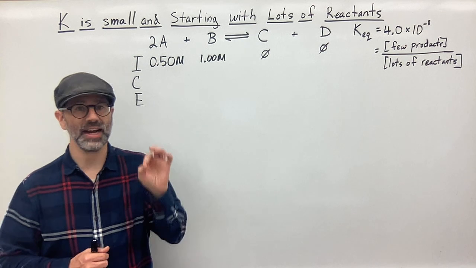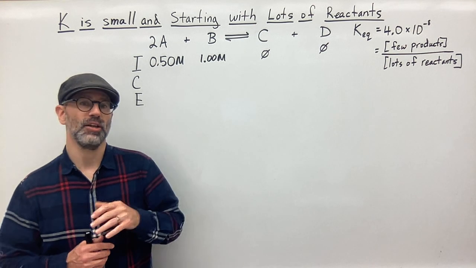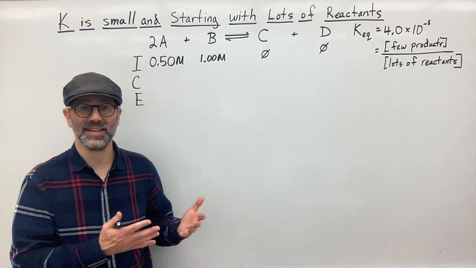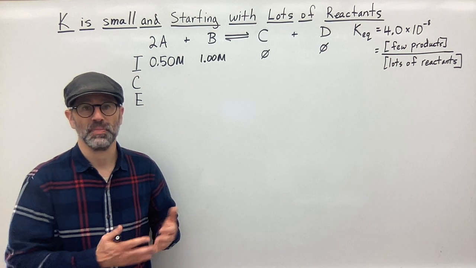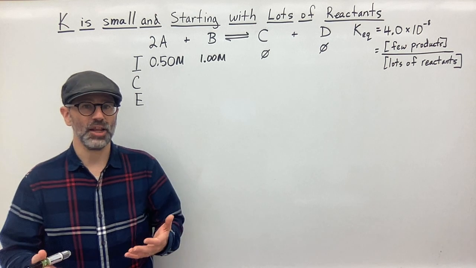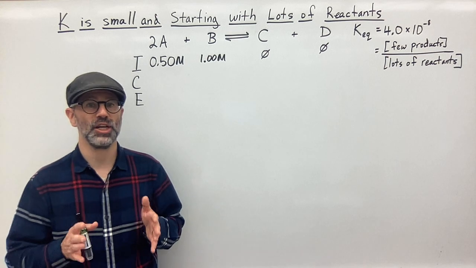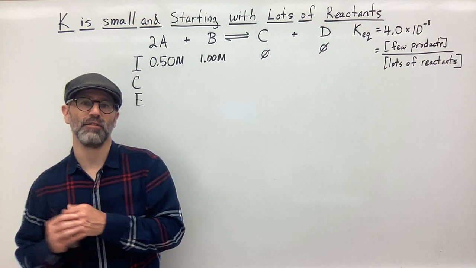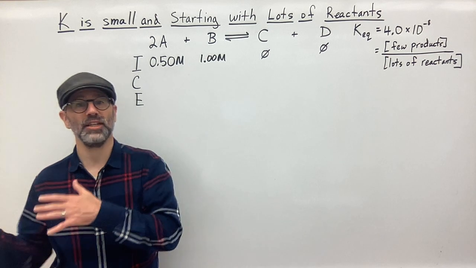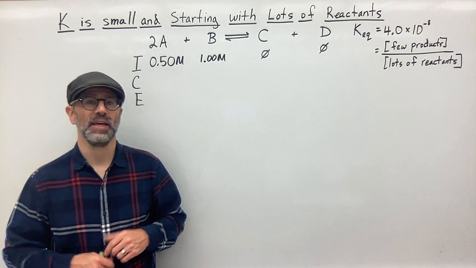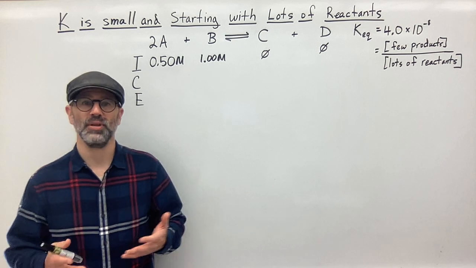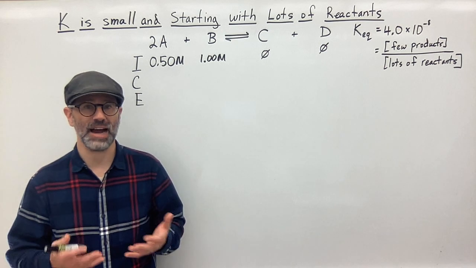And if you've got a tiny amount that's being formed, chances are you can neglect that change, right? On the other hand, if your reaction is going to shift towards the side that is favored, then you know a lot of it is going to change in that direction. And so you can't assume that X is small in that regard.